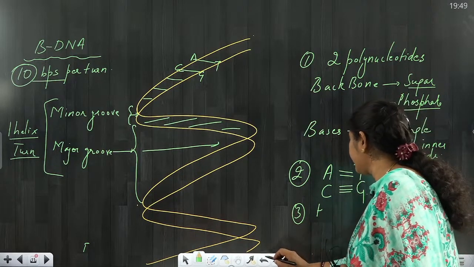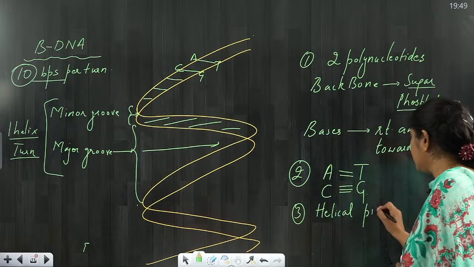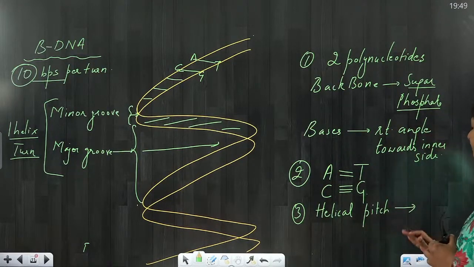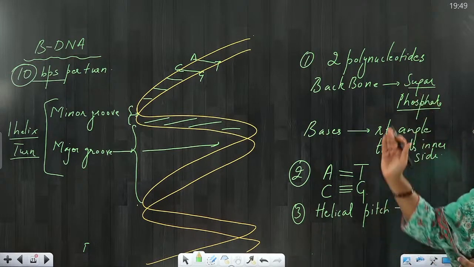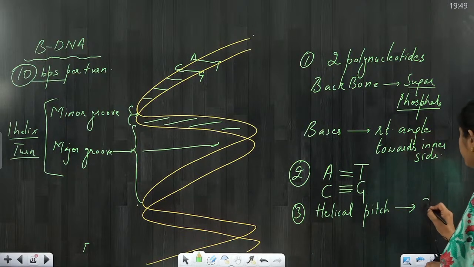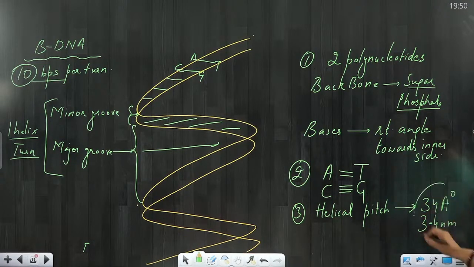Now its pitch of helix or helical pitch is the measurement of one turn. If I am taking it vertically, it will be 34 angstrom, or you call it 3.4 nanometer, right?